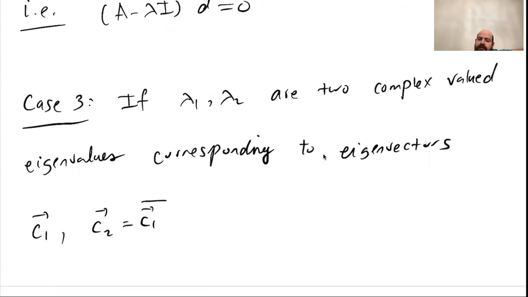So if I have two complex eigenvalues, if one of them is lambda 1, it can be shown that the other will be lambda 1 bar, the complex conjugate of lambda 1. So here lambda 2 will be the same as lambda 1 bar.